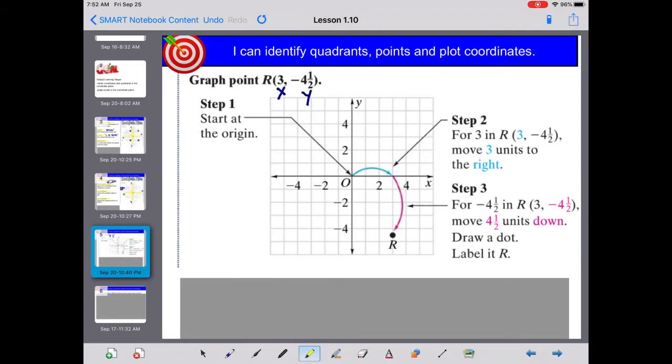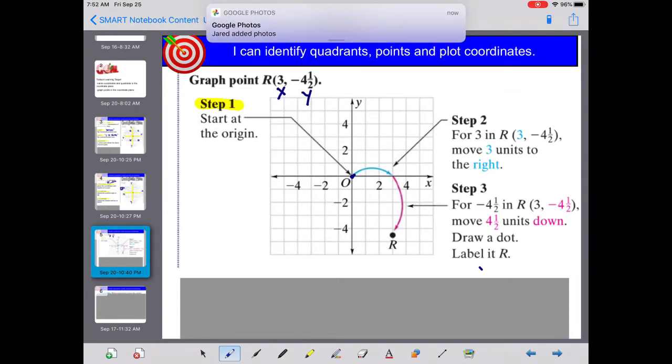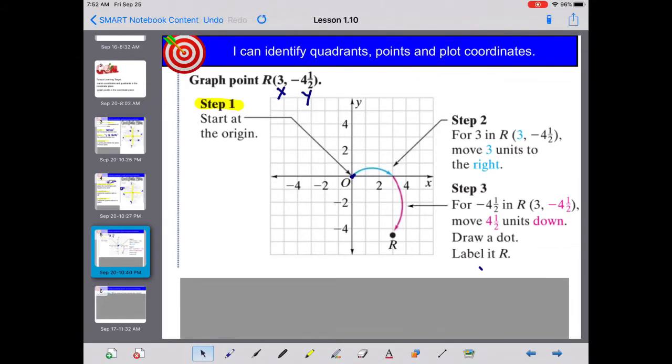So step 1, we're going to start at the origin. So here we are, starting here. Starting here, I am going to crawl 3 places to the right, which leaves me right here. 1, 2, 3 hops right.